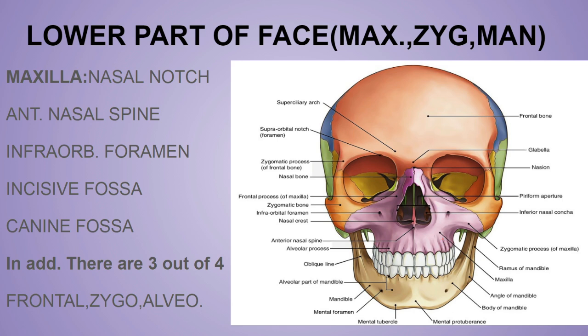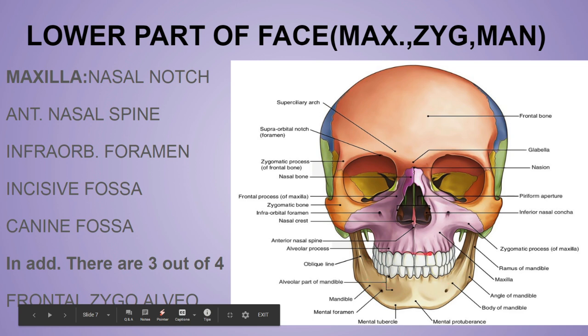What are the three? The frontal process, as you can see, this is the frontal process. The zygomatic process, and the alveolar process, which forms the socket of the upper teeth, while the lower teeth socket is formed on the mandible. Upper teeth, alveolar process of the maxilla.